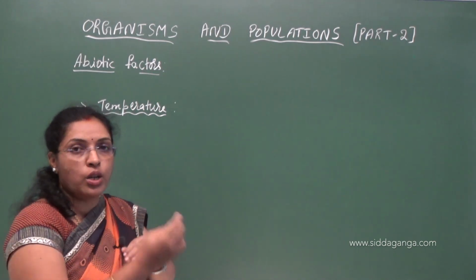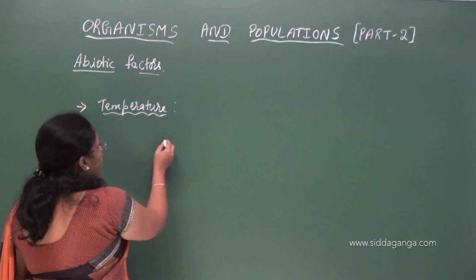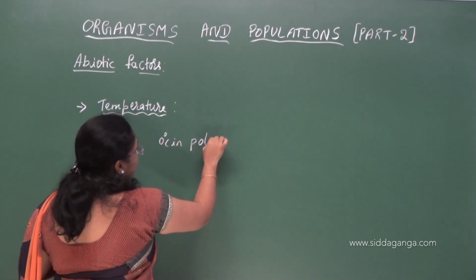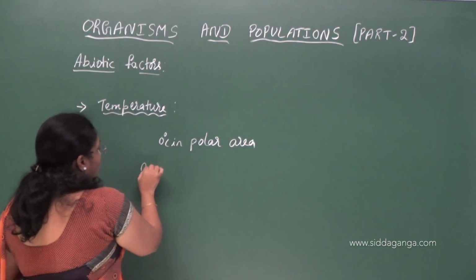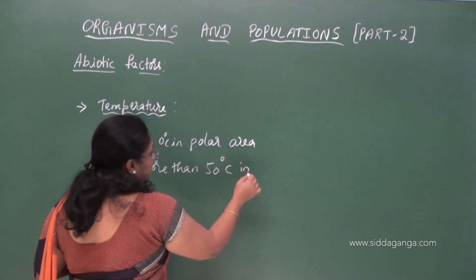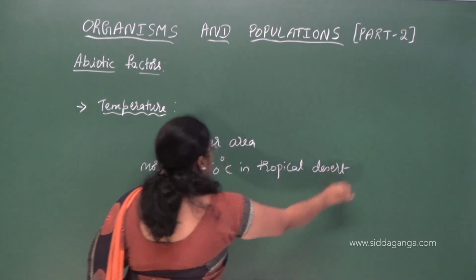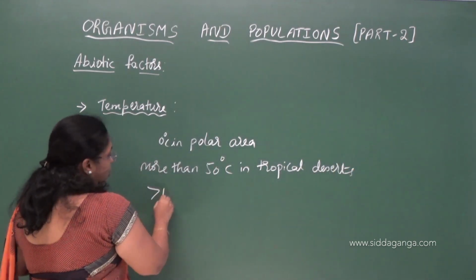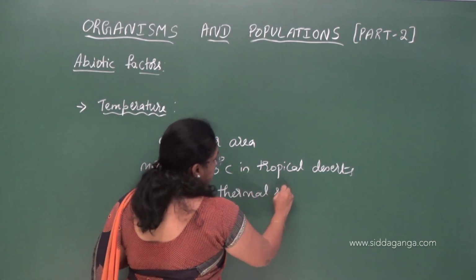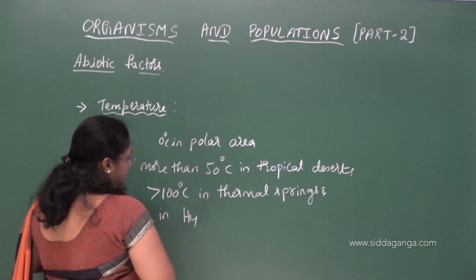The temperature is 0 degrees Celsius or below in polar areas, more than 50 degrees Celsius in tropical deserts, and it may increase to more than 100 degrees Celsius in thermal springs and hydrothermal vents.